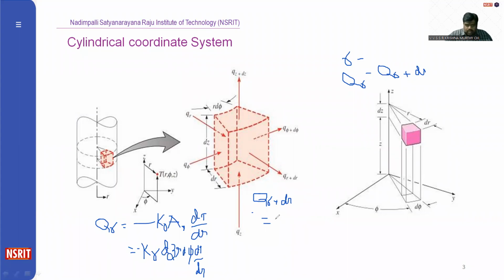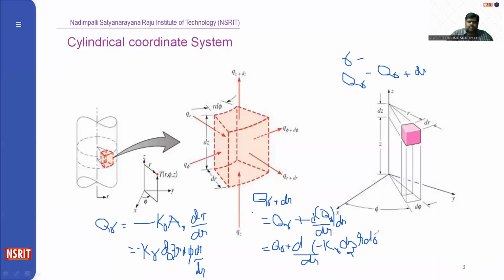I will be expanding and considering only the first two terms: Q of r plus d by dr of Q of r into dr. We know that Q of r is minus k_r into dz r d phi into dT by dr, so we have here r into dT by dr.